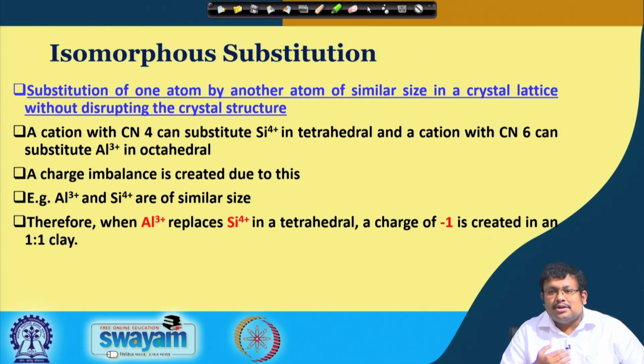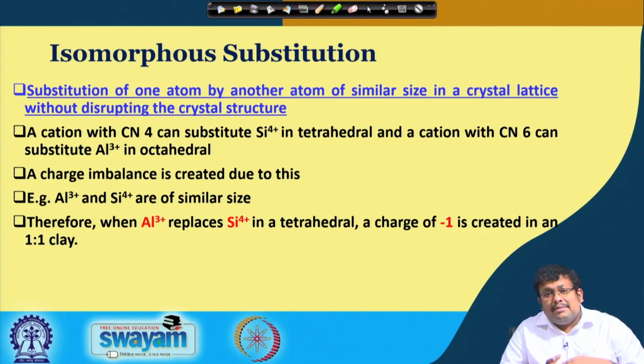That means we are reducing the positive charge, or in other words we are increasing the negative charge development. Okay. So, this charge imbalance develops due to isomorphous substitution, and this charge is also known as the permanent charge, because this is a feature of its crystalline structure. It is not variable. So, that is why this charge which is developed due to its structural arrangement or isomorphous substitution is known as a permanent charge.